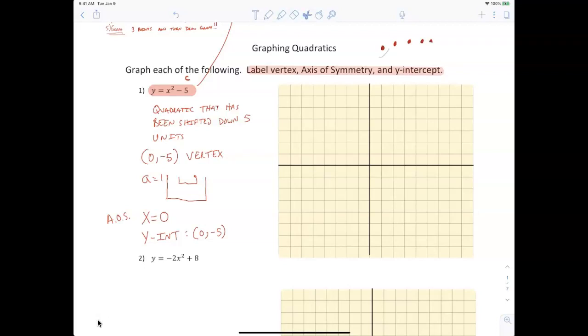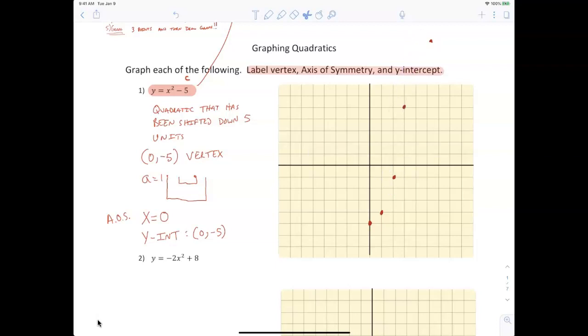Normally the x squared would start at 0, but this is shifted down 5. So 1, 2, 3, 4, 5. Now remember, because a is 1, that allows me to go to the right 1 and up 1, and then to the right 2 and up 4.